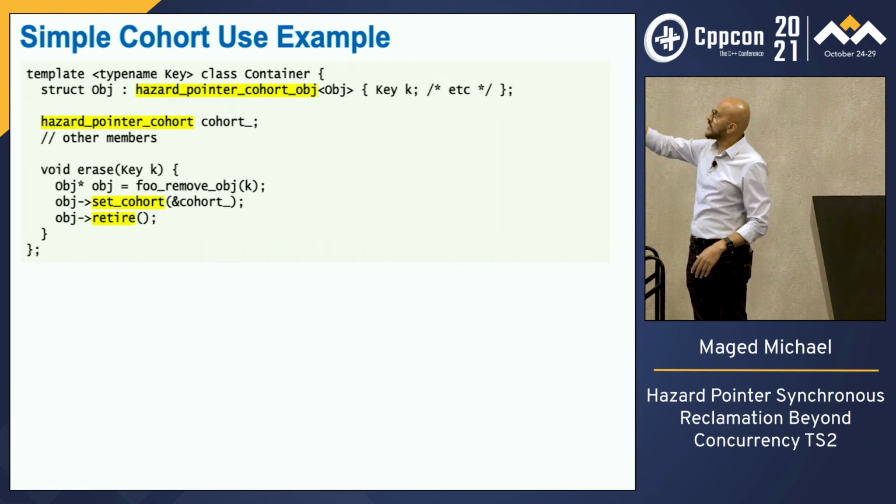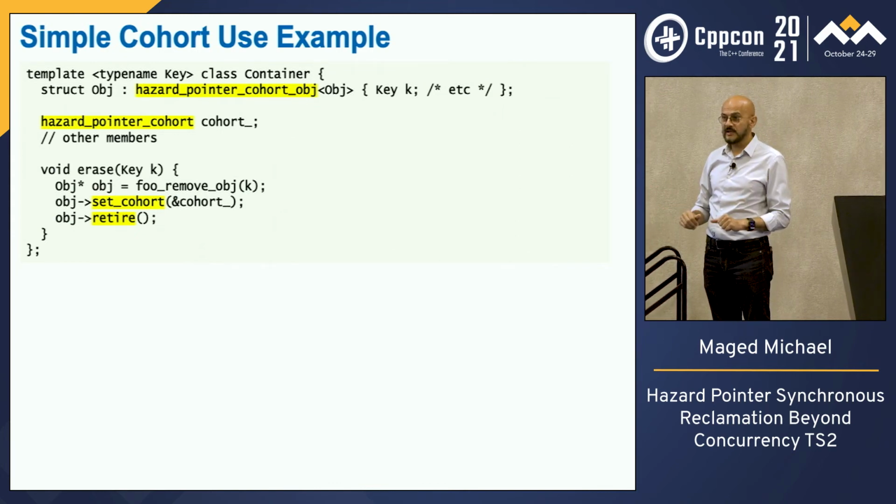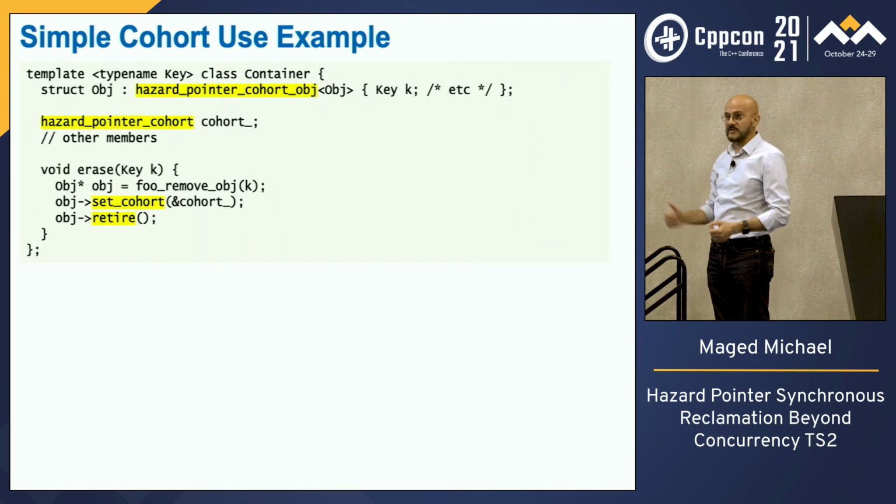Each object can be one cohort only. Yeah, but then there's a nested pointer within the object. Sure. Let's say that object contains another container. Sure. Yes.